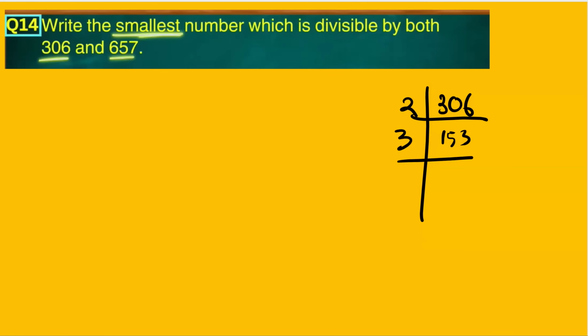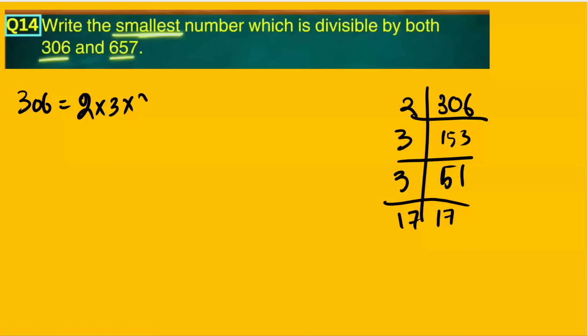If I divide 153 by 3, I get 51, and if I divide 51 by 3, I get 17. So the factorization of 306 is 2 multiplied with 3 multiplied with 3 multiplied with 17. So this is my prime factorization: 2 multiplied with 3 squared multiplied with 17.